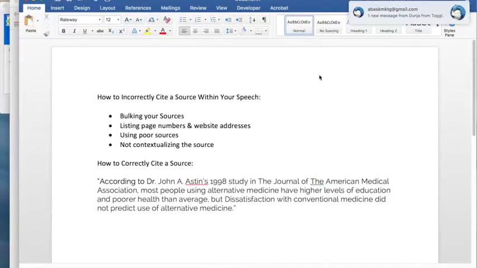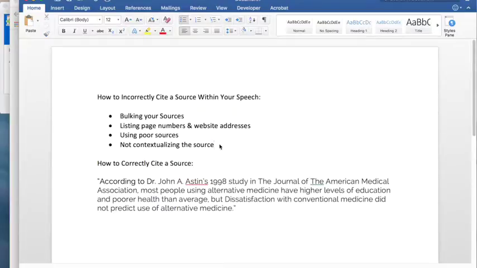Okay? So finally, not contextualizing the source is also a mistake that I see. And what I mean by this is telling me that Dr. John Aston said in a study that people really like using alternative medicine if they are of poor or consistently poor health. But you didn't tell me who Dr. John Aston is. I have no idea who that is.